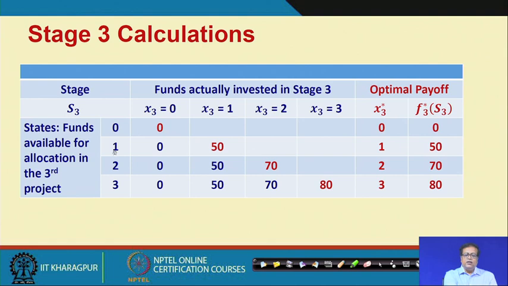If you have 1 available, you can either invest 0 or 1, depending on what you invest, you get either 0 or 50 return. At 2, you can invest 0, 1 or 2 and get 0, 50 or 70 return, and if you have 3, then 0, 50, 70 or 80.